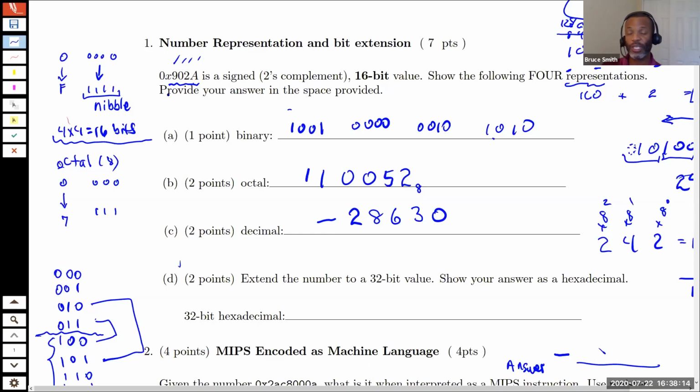That 9, or even if it had been an 8, 9, 10, like anything over on this side, is guaranteed to be a negative, because there's no way I can represent 10, 11, 12, 13, 14, or 15 without the most significant value. Anything 8 or higher has to have a 1 in the most significant bit.